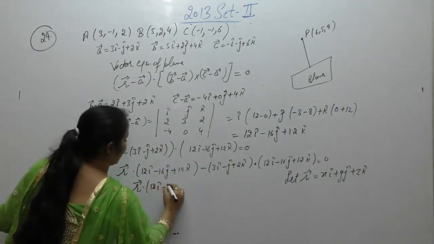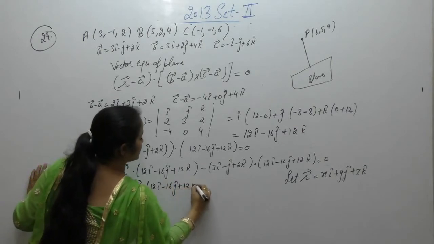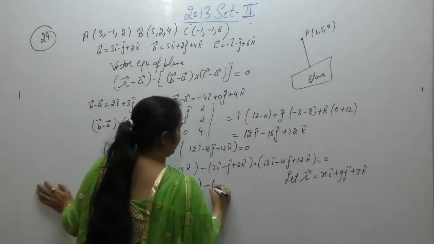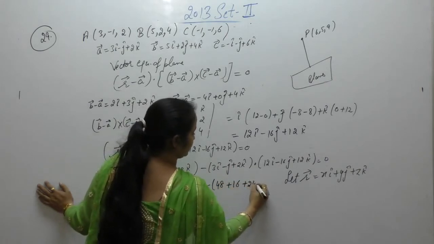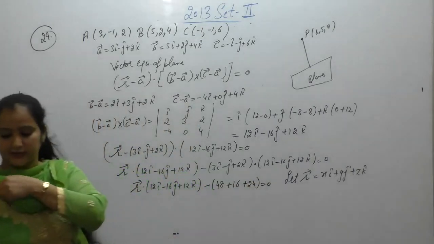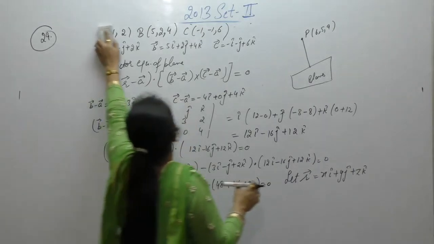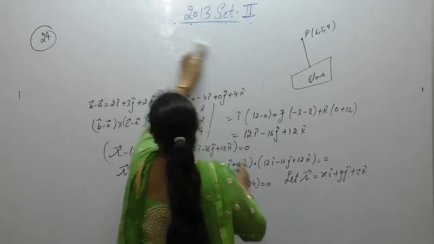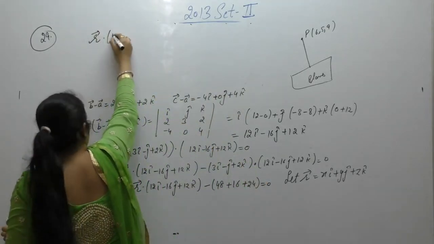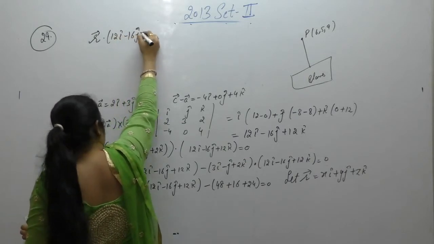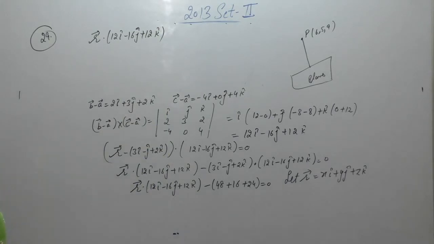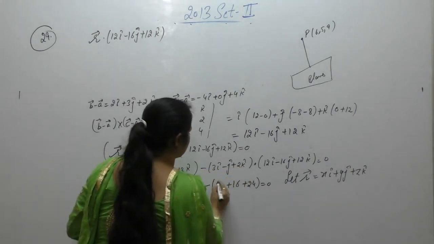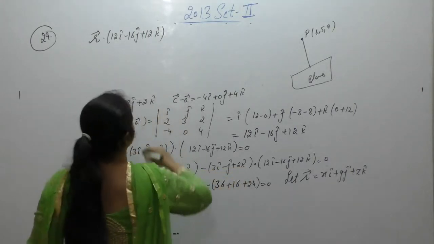R dot (12i minus 16j plus 12k) minus 12 into 3 is 36, plus 16, plus 12 into 2 is 24. So we get the equation as R vector dot (12i minus 16j plus 12k) equals 36 plus 16 plus 24.